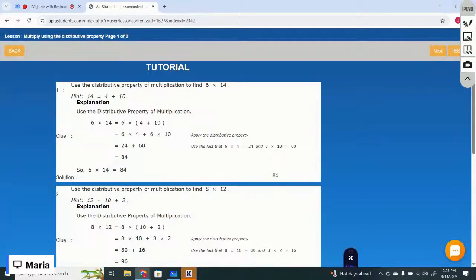Use the distributive property to find 6 times 14. 14 is equal to 4 plus 10. So it would be 6 times 4 plus 10.